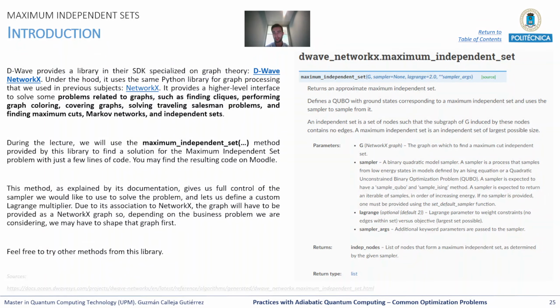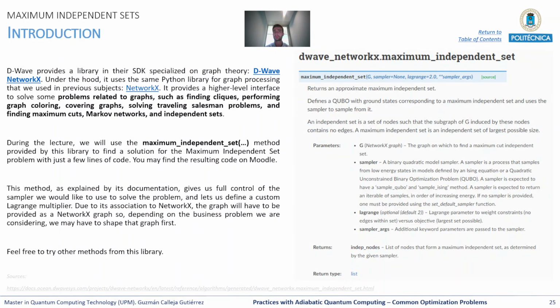So we will do it using NetworkX. This is a Python library, but it is integrated in the Ocean SDK, and it is a library specialized in graph theory. So it can be used to solve different problems, such as the cliques that we mentioned before, graph coloring, and solving traveling salesman problems, which are problems in logistics and all of transportation that have so many applications.